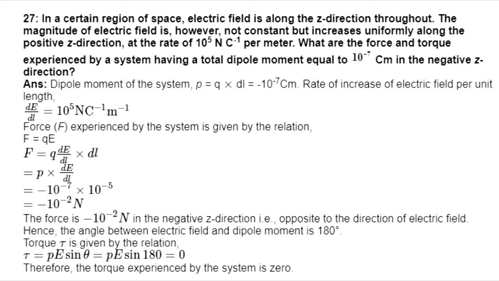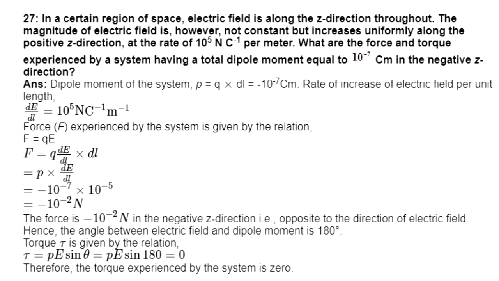What are the force and torque experienced by a system having a total dipole moment equal to 10⁻⁷ coulomb-meter in the negative z direction? Now you know the dipole moment of the system p is equal to q into 2l, that is 10⁻⁷ coulomb-meter, and the rate of increase of electric field per unit length, dE/dl, is 10⁵ Newton per coulomb-meter.